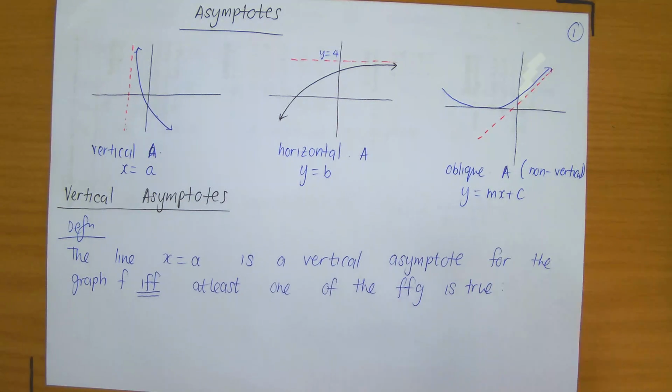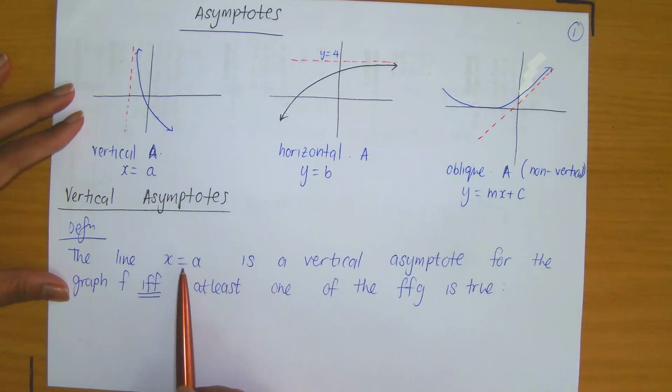Now let's talk more specifically about vertical asymptotes. A vertical asymptote, as we know, has the form x equals a.